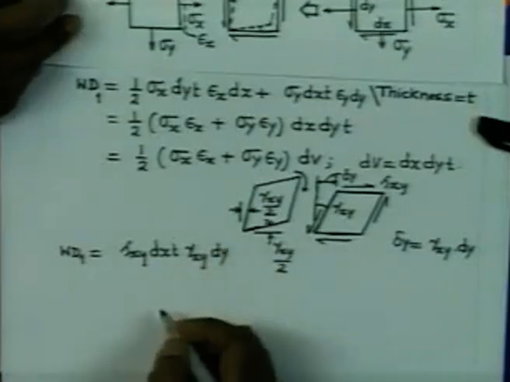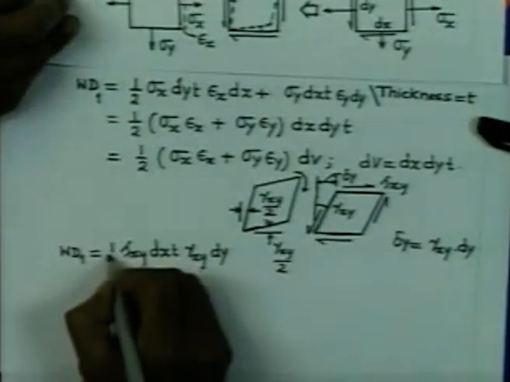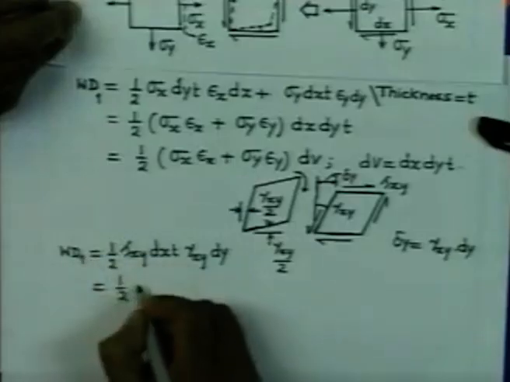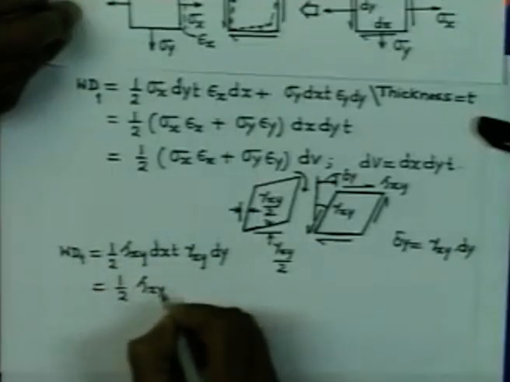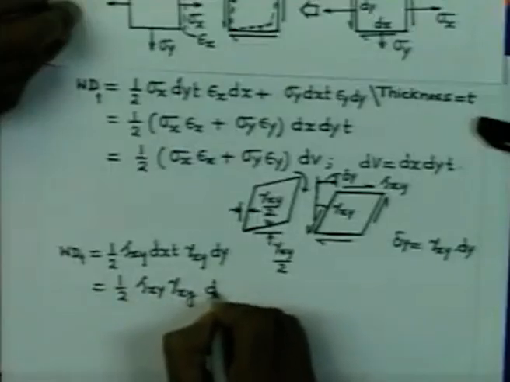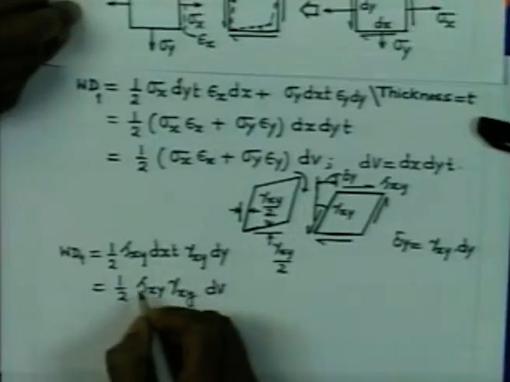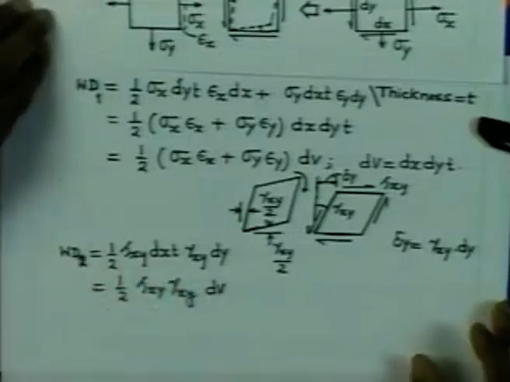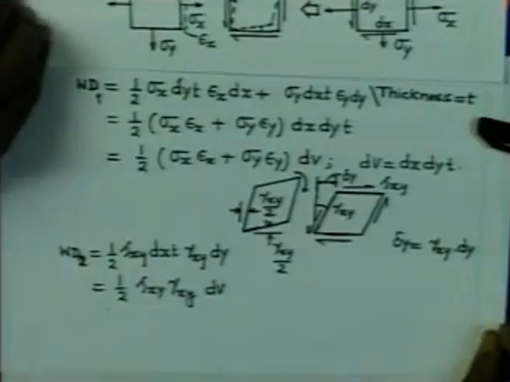So, that is the work done, but again it is quasi static. So, half factor will come, and if you rearrange, this is going to be half tau xy into gamma xy into dV. Let us consider this W2.